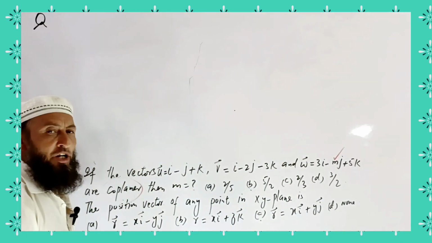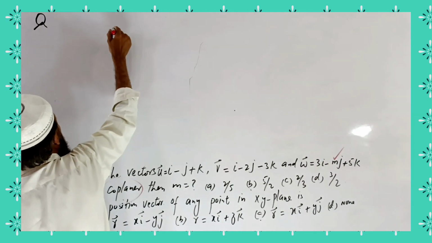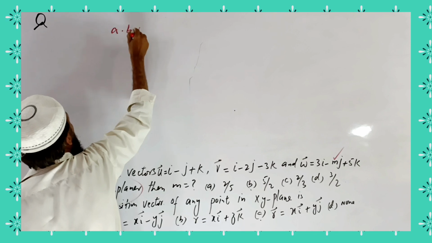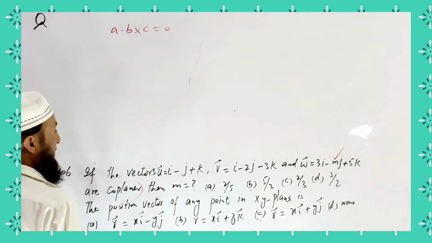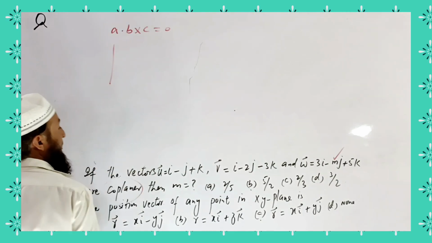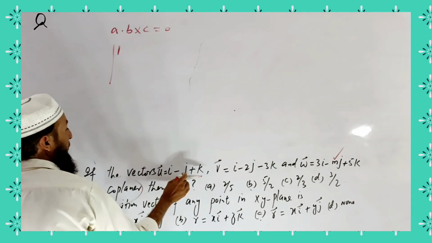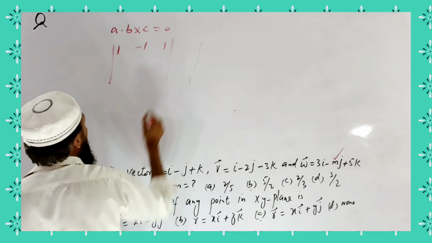Using the definition of coplanar, we know that three vectors are coplanar if their scalar triple product is 0, A dot B cross C equal to 0. So now I'm using this definition. The coefficient of i is 1, the coefficient of j is -1, and k is 1.